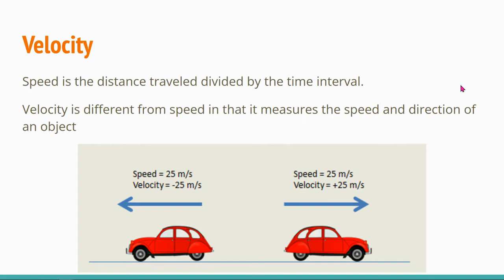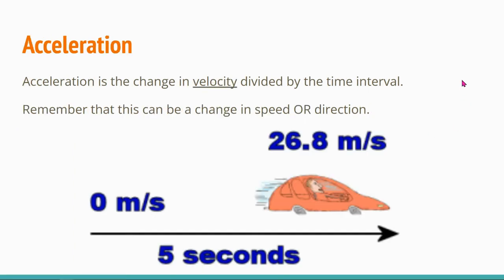And then, of course, acceleration is the change in velocity. So, how much is the speed changing in a certain amount of time? And this is measured in meters per second squared.